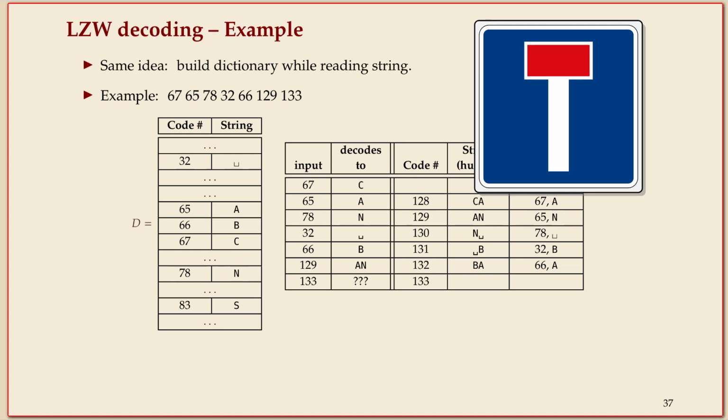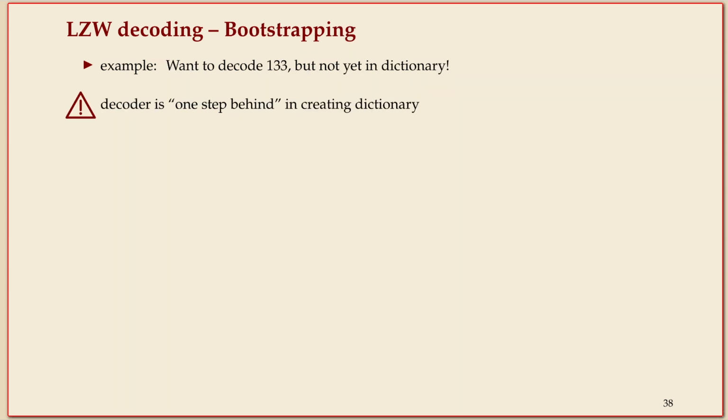Fortunately, by just looking at this a bit more closely, we can resolve it. So again, the problem comes from this lagging behind. And that might lead to the situation that we want to decode the code word that we're just about to fill after this round. So what can we do?